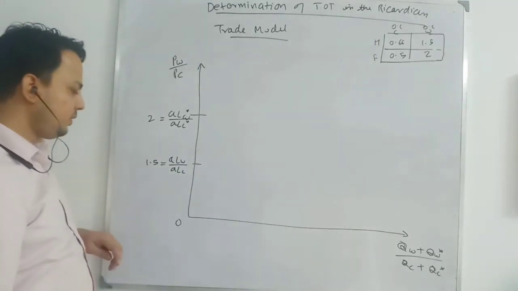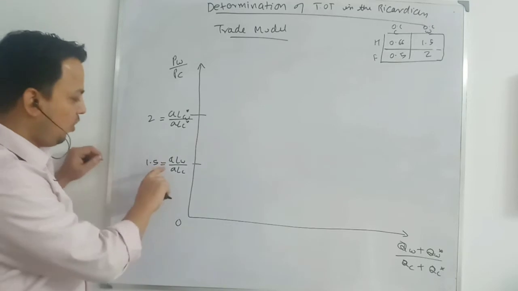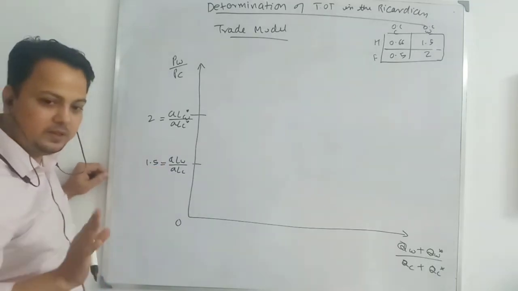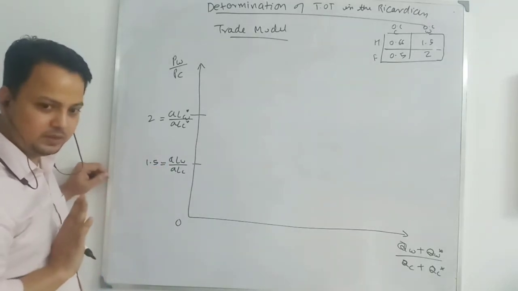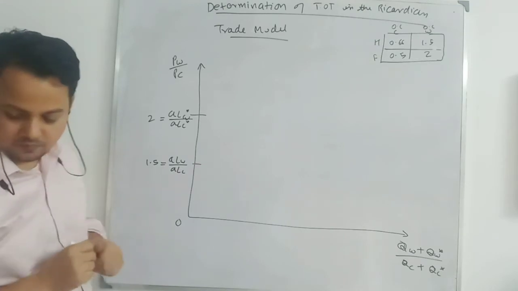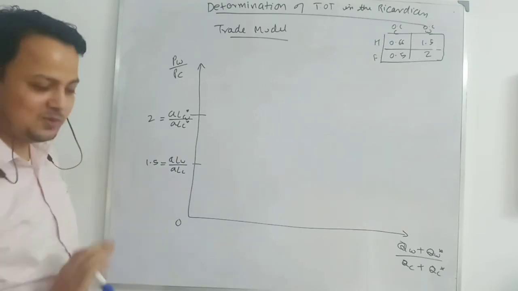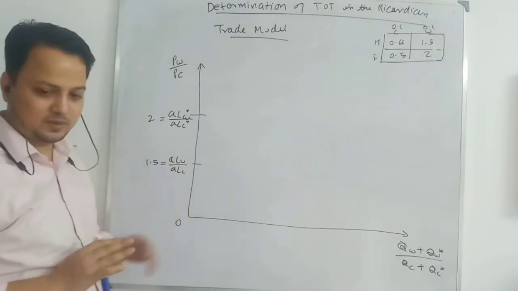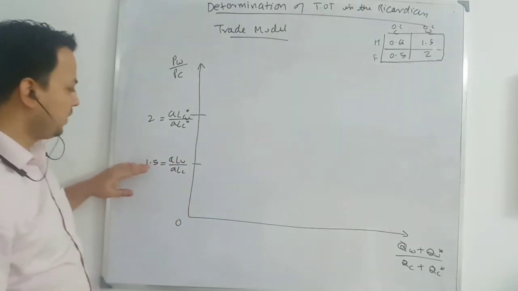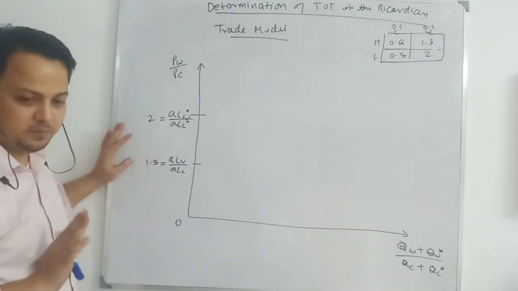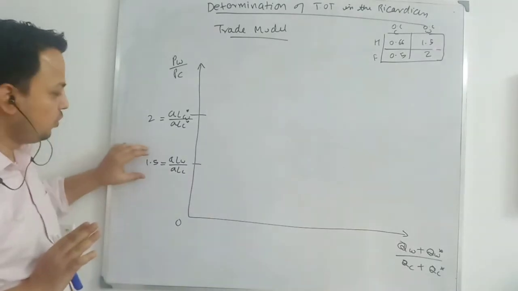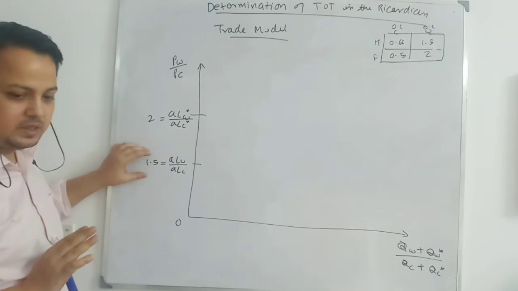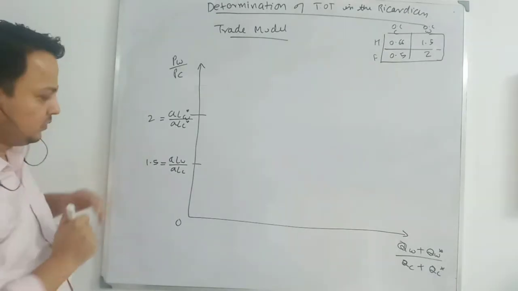So now, the home country can produce wine relatively cheaper. Everybody knows, right? I am saying that the home country can produce wine relatively cheaper, because the opportunity cost of producing wine in the home country is lower than in the foreign country, right?